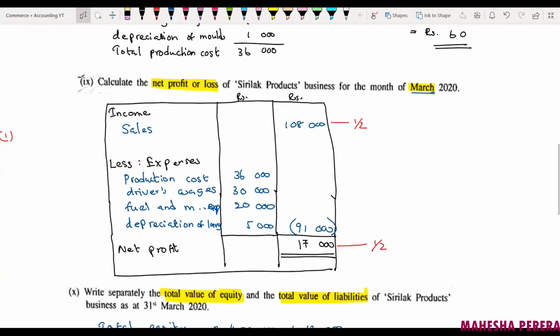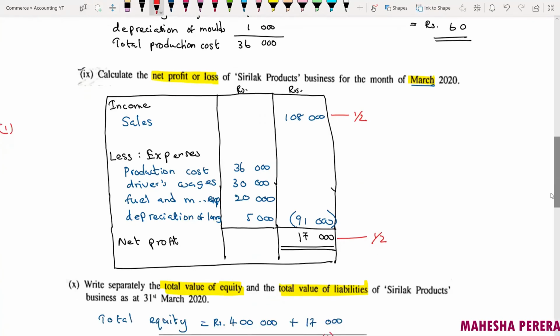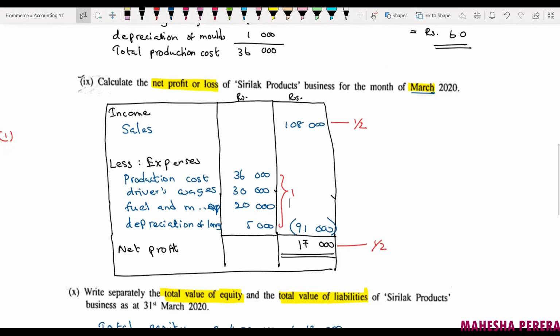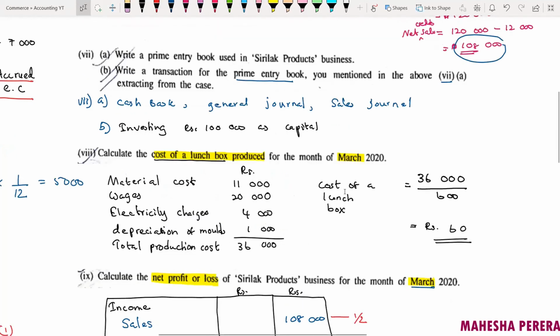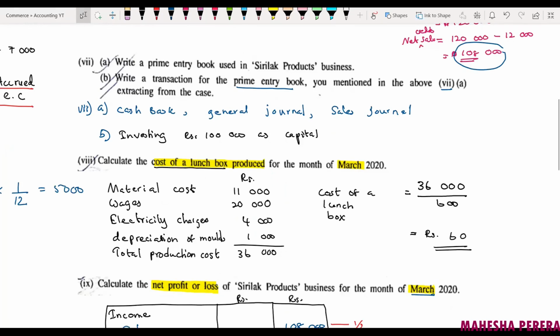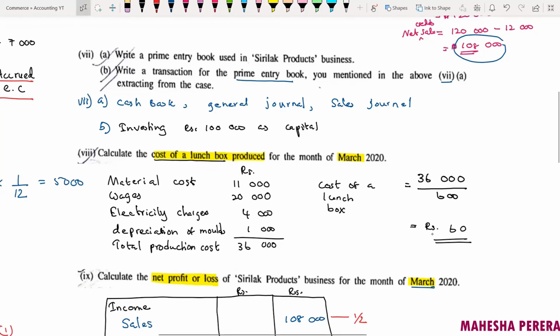And then they have given 1 mark for these items, and for the expenses, 2 marks, okay? Then Roman figure 8, 1 mark for the final answer, right? Here, final answer 60 rupees, and 36,000 half marks, 600,000 half marks.